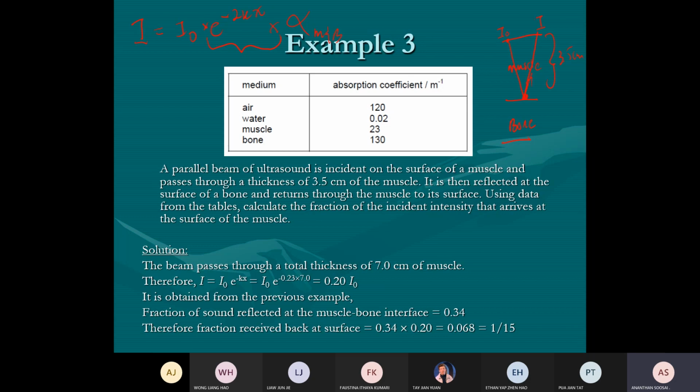The same concept here. 23 per meter in centimeter is divided by 100, so 0.23. Negative 0.23 times 7, because negative 2kx, 2 times 3.5 is 7. So this is the value of E negative 2kx.